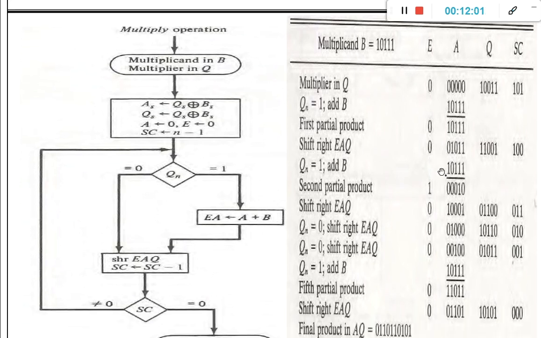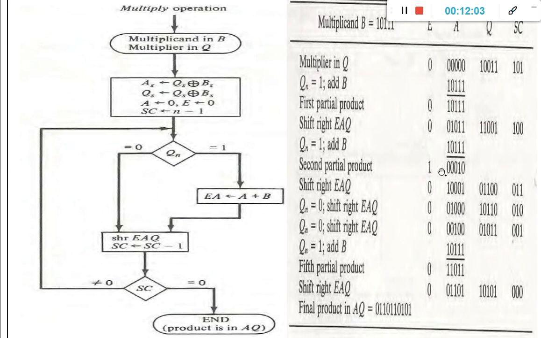This is the flow chart for the multiplication, and here we take one example so that you can easily understand how the operation is carried out. As I have already discussed, the multiplicand will be stored in B and the multiplier is stored in Q. This is the multiplicand B, 10111.